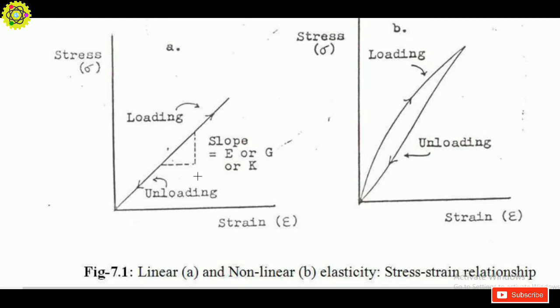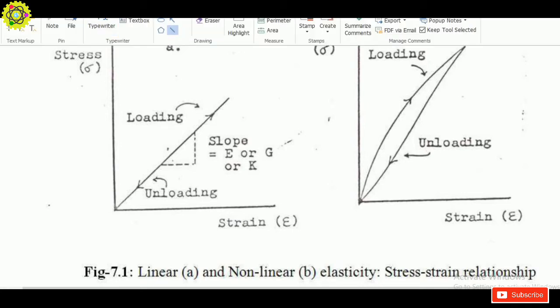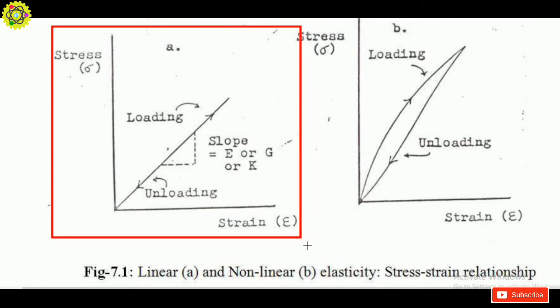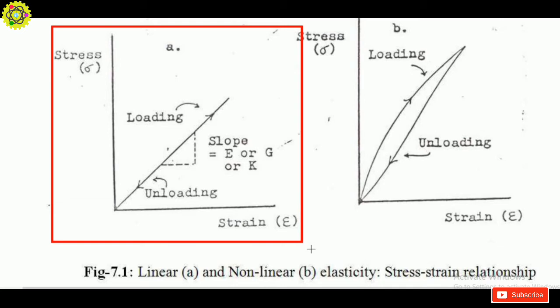Here the stress-strain relationship has been given, and here, as you can see friends, in the linear elasticity stress-strain relationship, the stress is proportional to strain, so it is called linear elasticity.